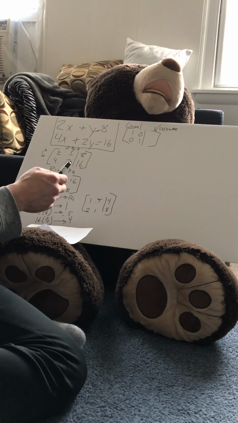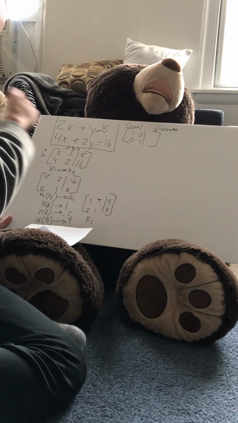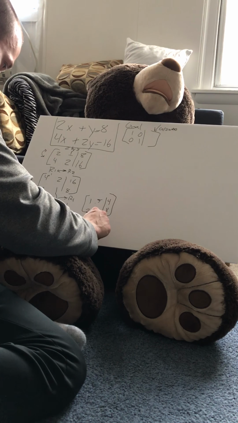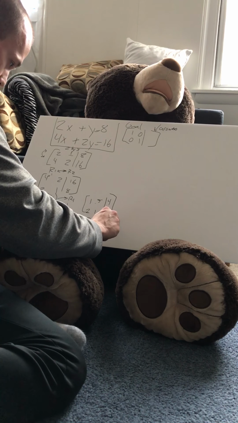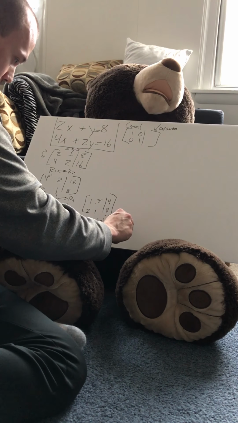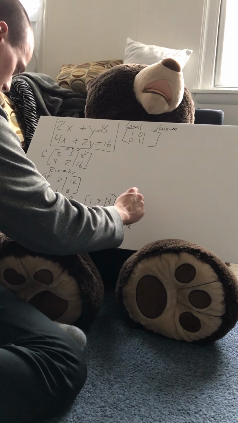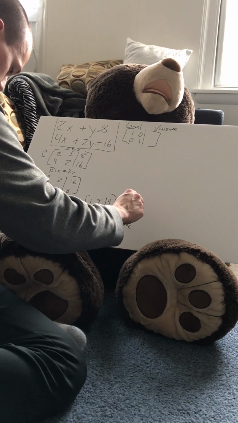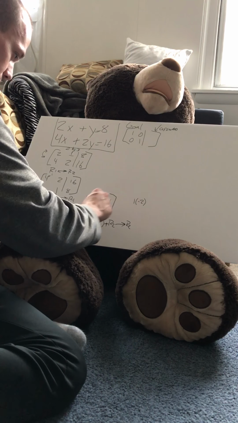So to do that, you would want to do row 1, because you can always add the rows, times -2 plus row 2, and you want to store it in row 2. So what that will look like is row 1 times -2 plus row 2.